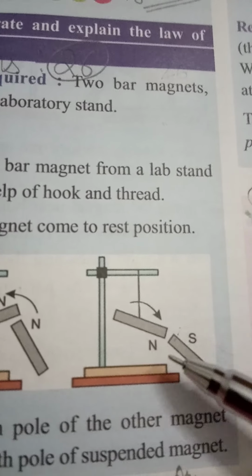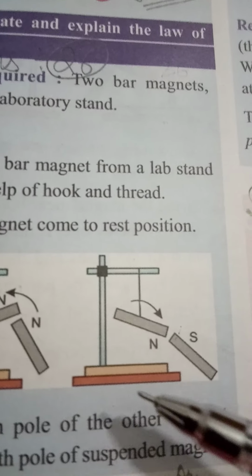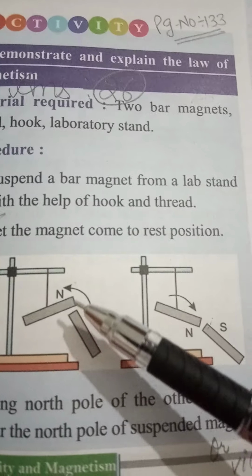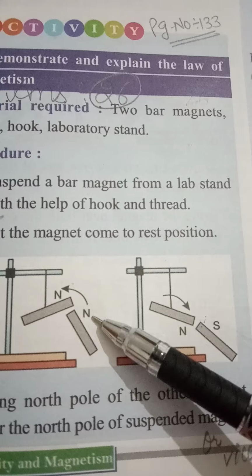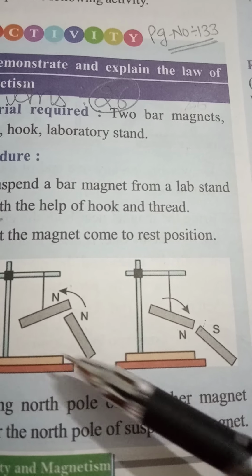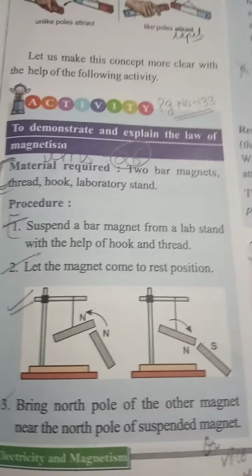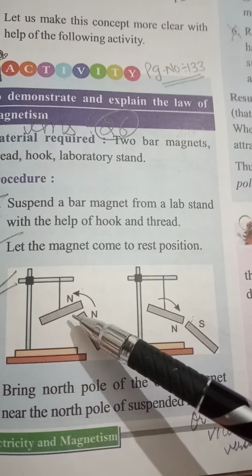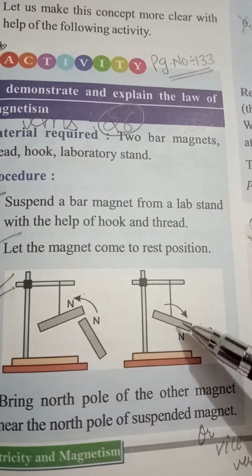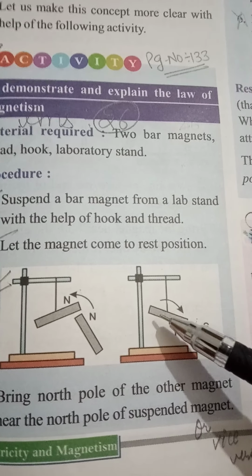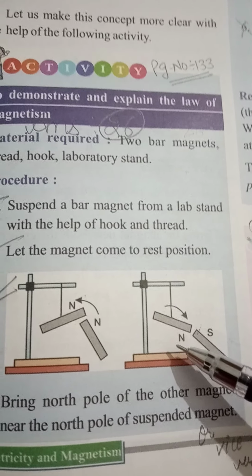So the result of this activity is that if they are like poles, if both are north or both are south, they are similar, so they repel each other. And if it is north-south or south-north, they attract each other.